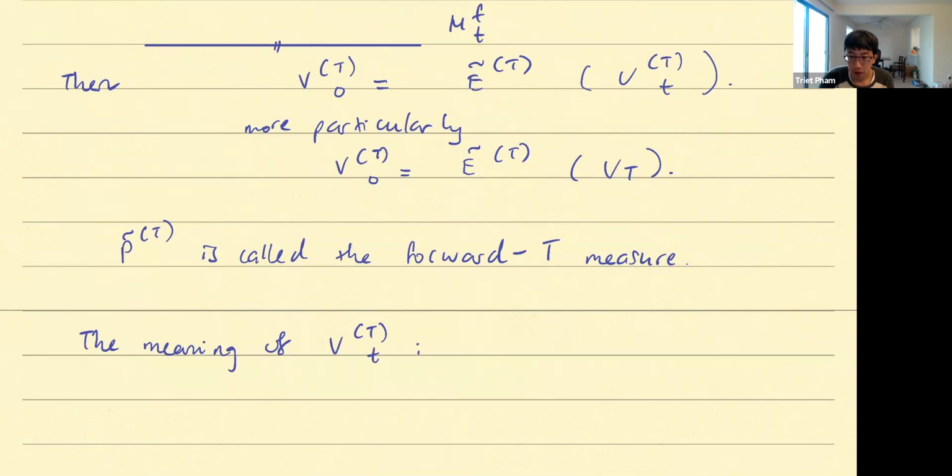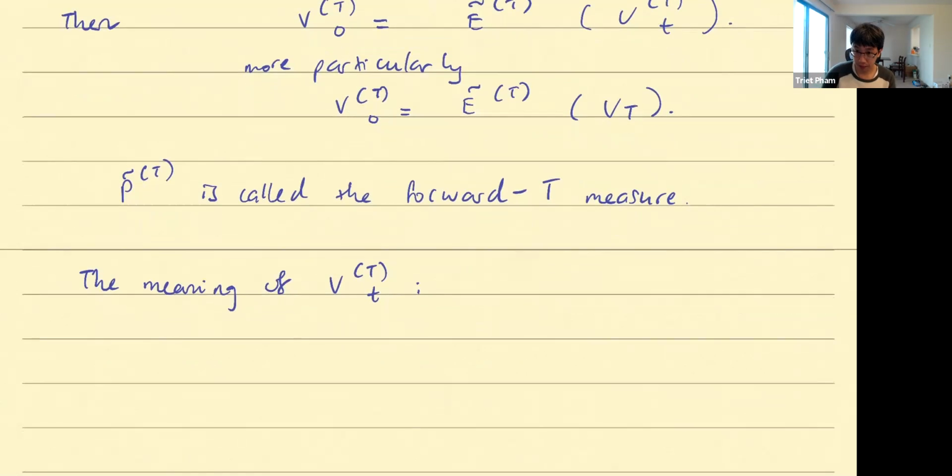Okay. So maybe, to do that, let us tell a story of a product that we haven't mentioned in this class for a long time, the forward contract. So let's revisit the forward contract.